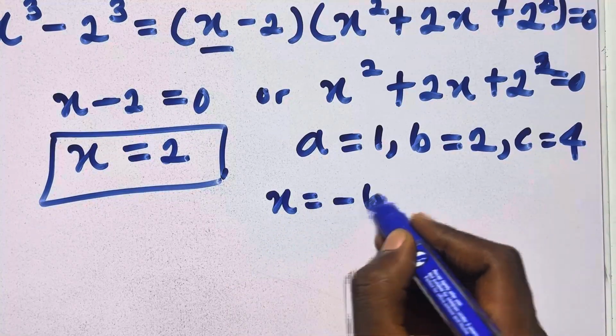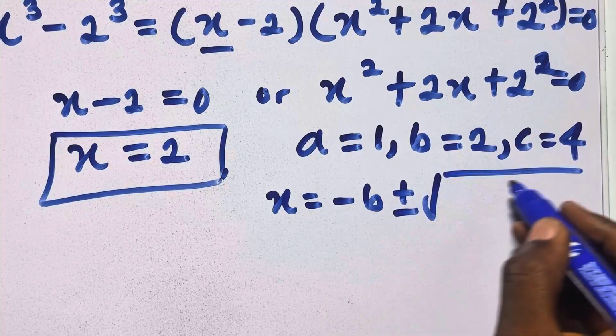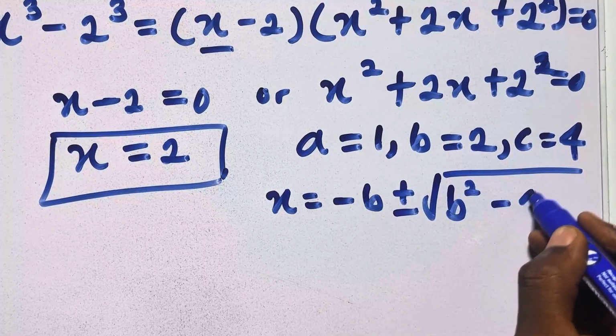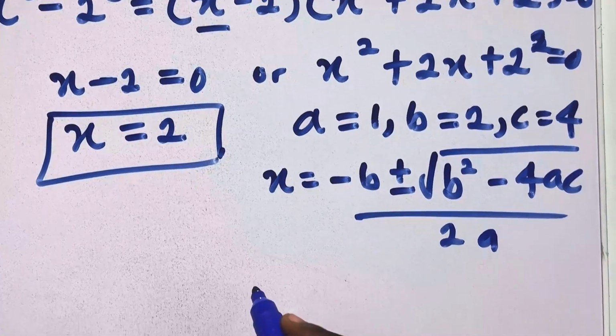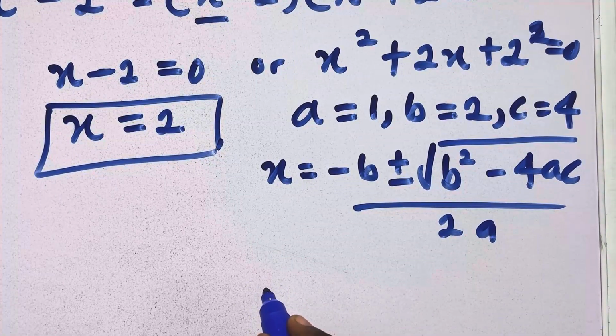Alright, so by applying the quadratic formula, we say x equals minus b plus or minus the square root of b squared minus 4ac, everything divided by 2a.